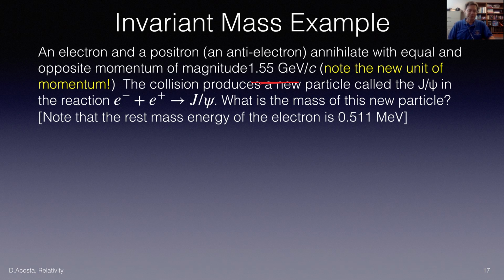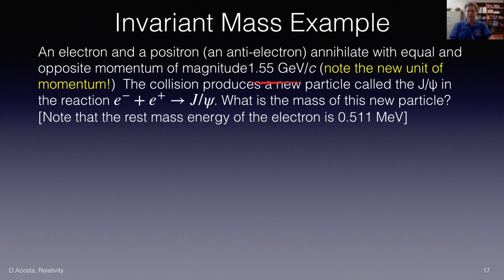Note the new unit of momentum I've used here. We know that momentum times c is an equal energy unit here, which is 1.55 GeV. So momentum I can call 1.55 GeV per c, just like I did per c squared for the mass unit. But anyway, I have separately an electron and a positron. They collide and annihilate.